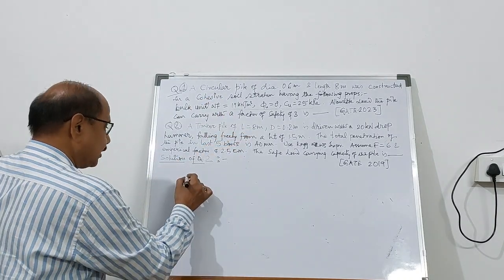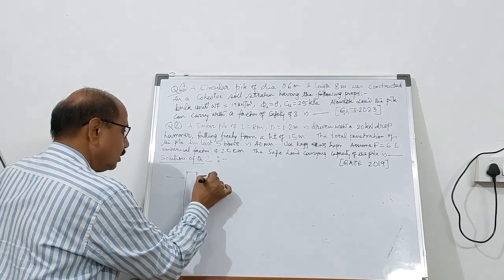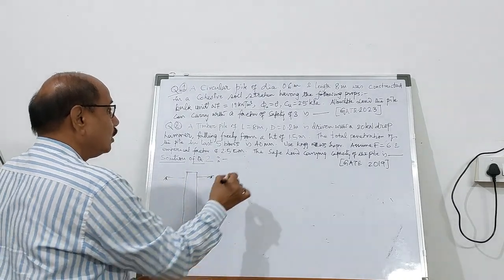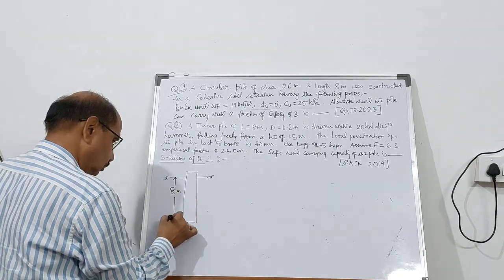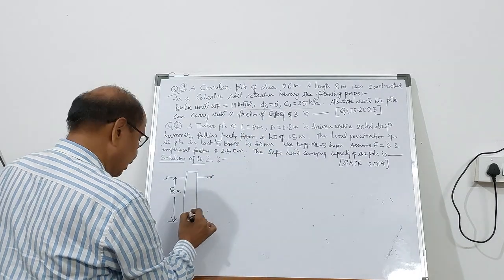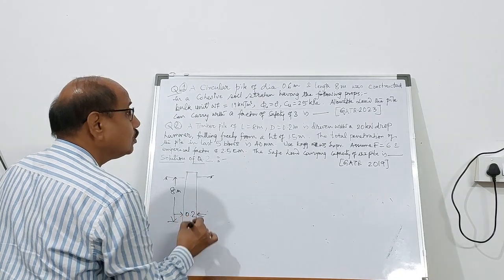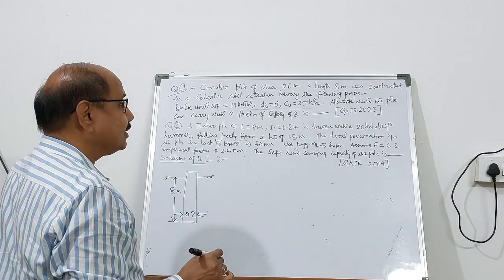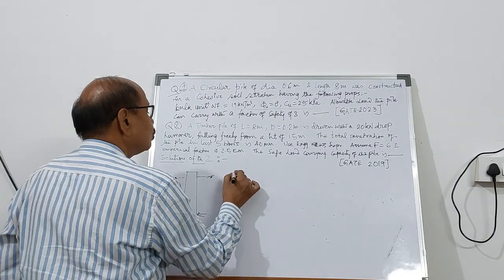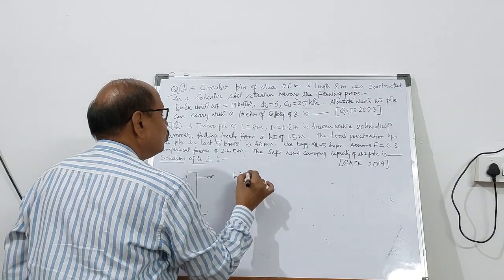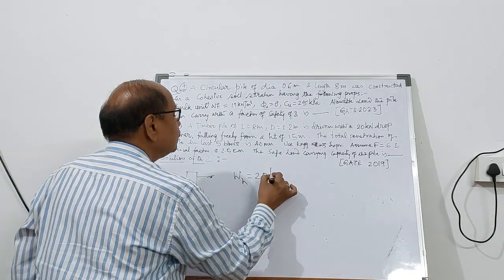Let's say this is the pile which is made of timber, and the length of the pile is 8 meter as shown, and the diameter is 0.2 meter. It is driven with a 20 kilonewton drop hammer. So the weight of the hammer, WH, is given in the problem as 20 kilonewton.